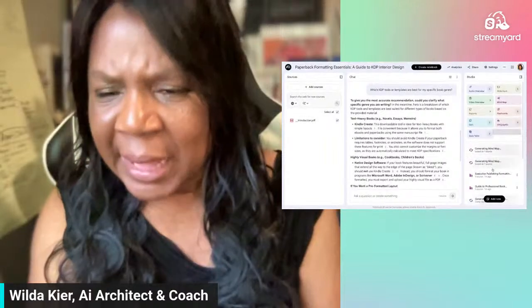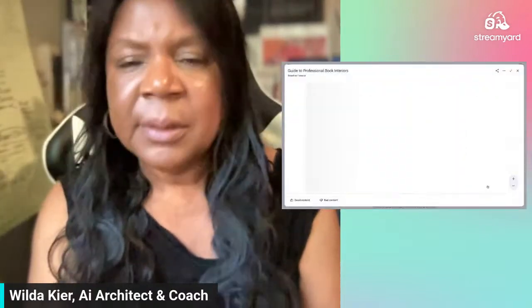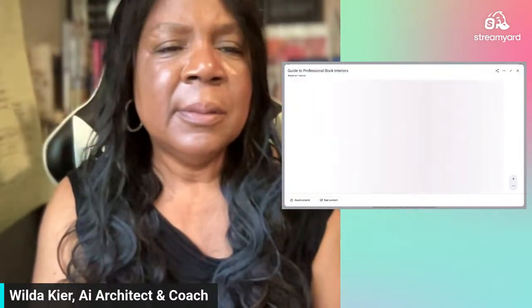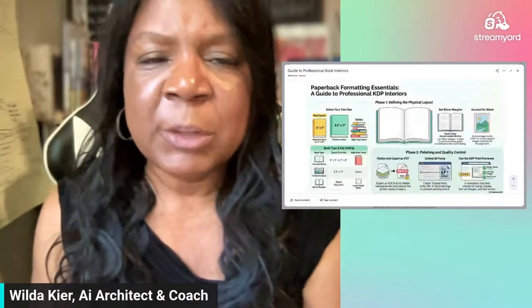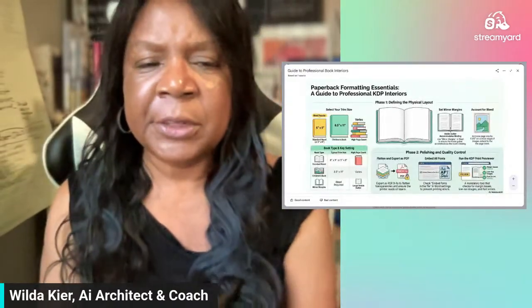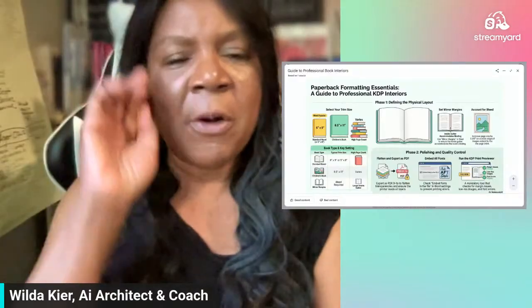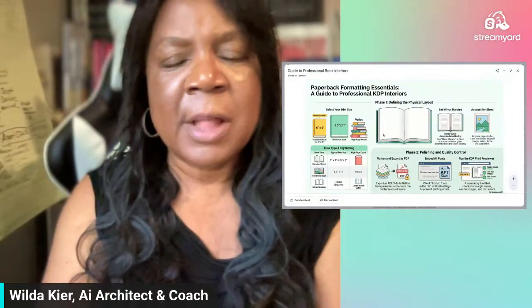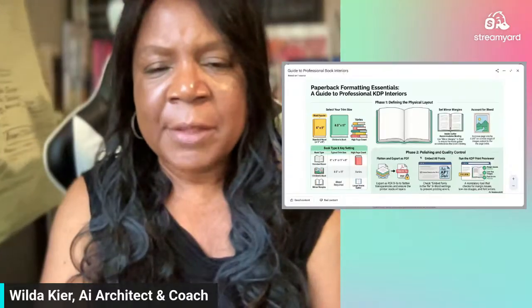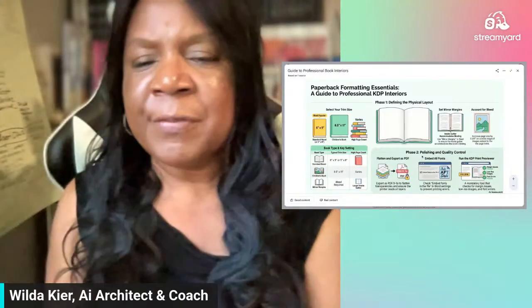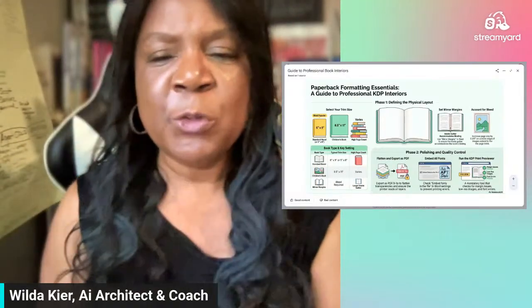Oh my God, I'm sorry. So a paperback formatting essentials, a guide to professional KDP interiors. So it usually defaults to this green, all these colors here. So actually this is nice. It talks about phase 1 and phase 2. So I could give this to a client. I could use this for myself.